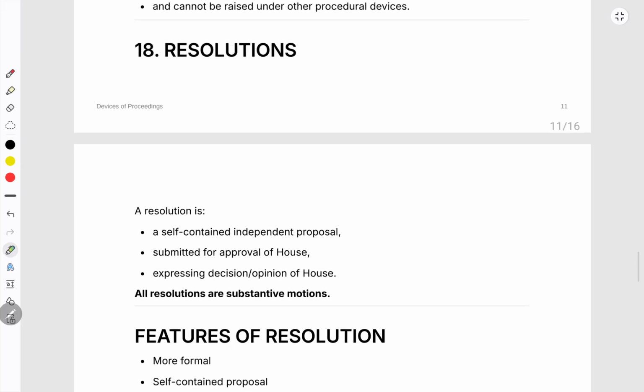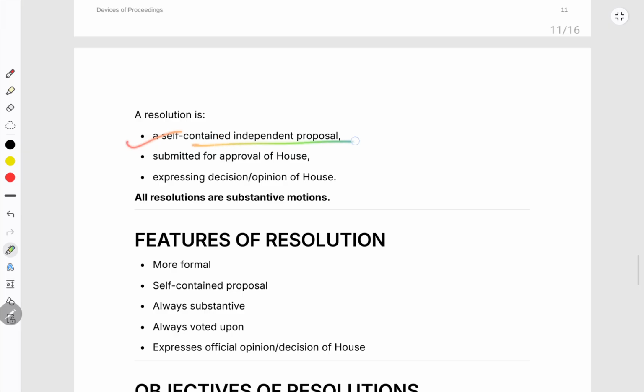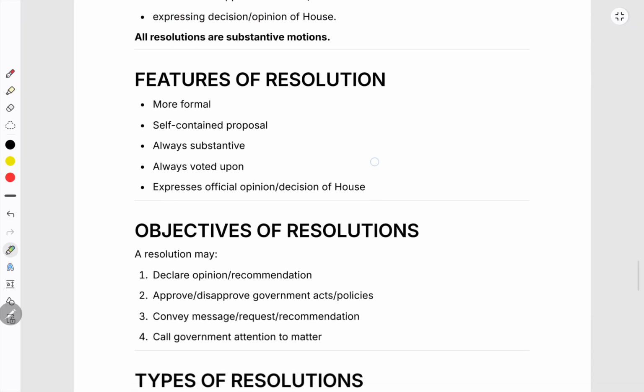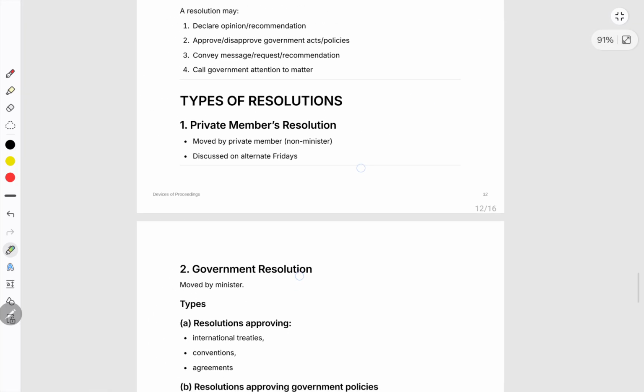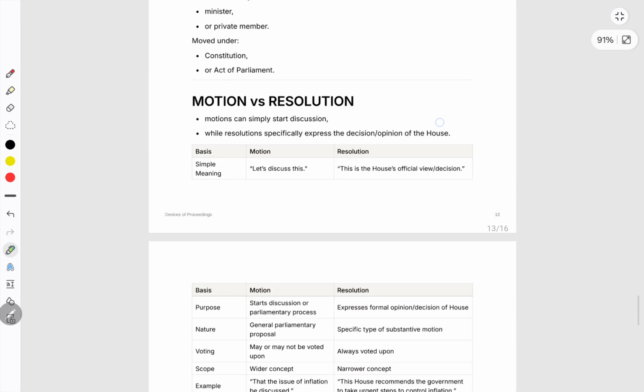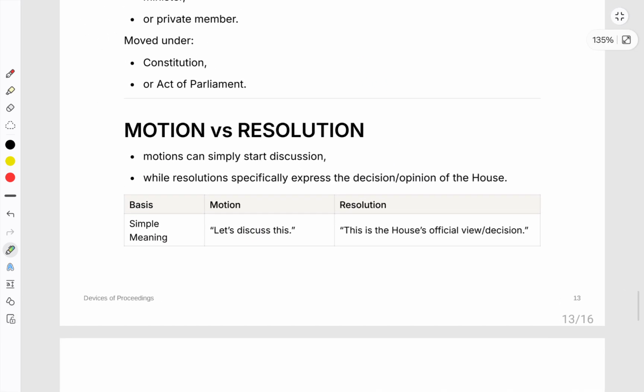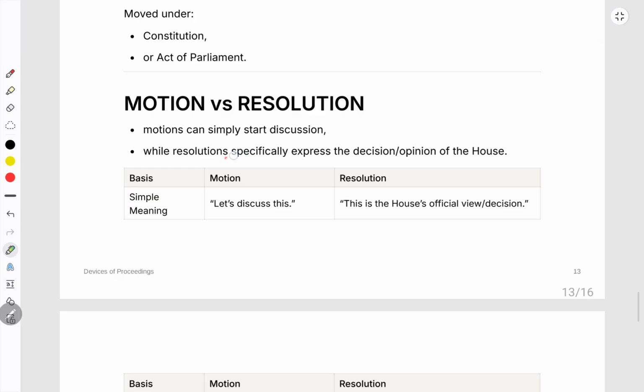Now last are resolutions. A resolution is a self-contained independent proposal. Okay, and this is submitted for approval of the house, and this expresses the decision or opinion of the house. Basically, wait, I'll tell you first. Okay, so a resolution specifically expresses the decision or opinion of the house. A motion simply starts a discussion.